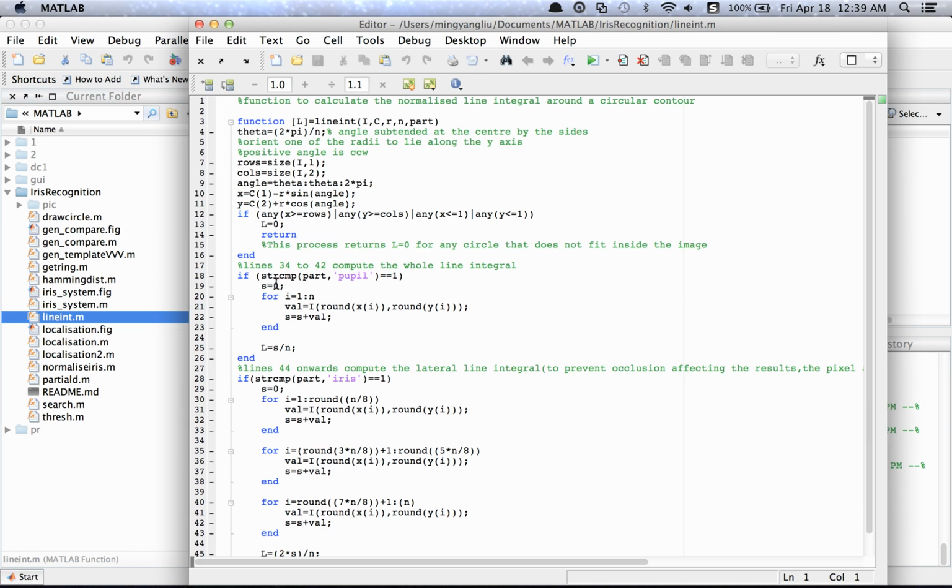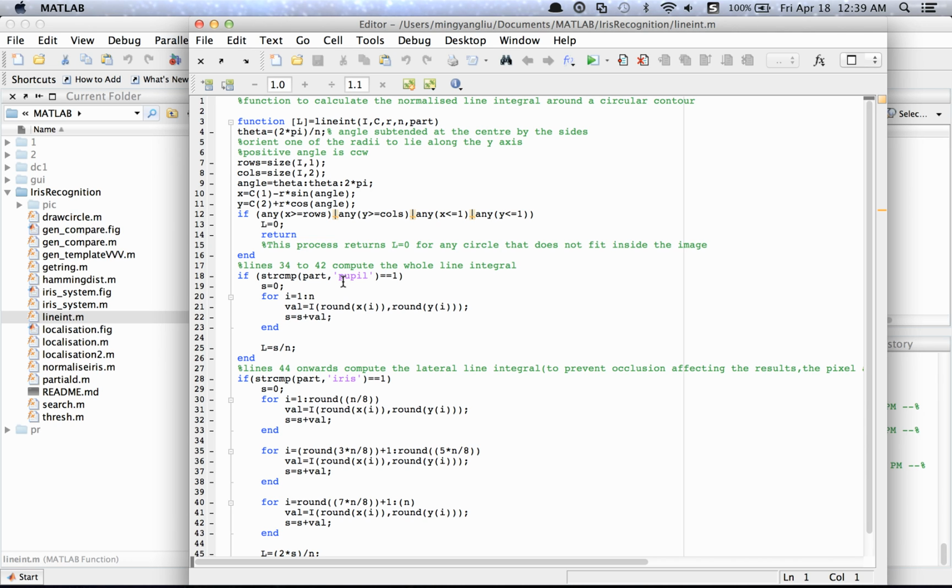And then the lineInt function. This program includes the function to calculate the normalized line integral around a circular contour. A polygon with a large number of sides approximates a circle, and hence it is used to calculate the line integral by summations.